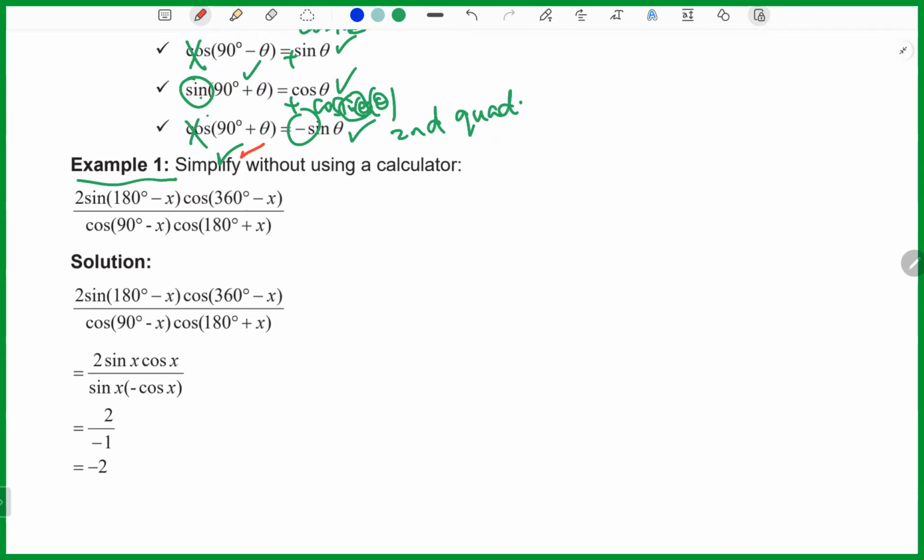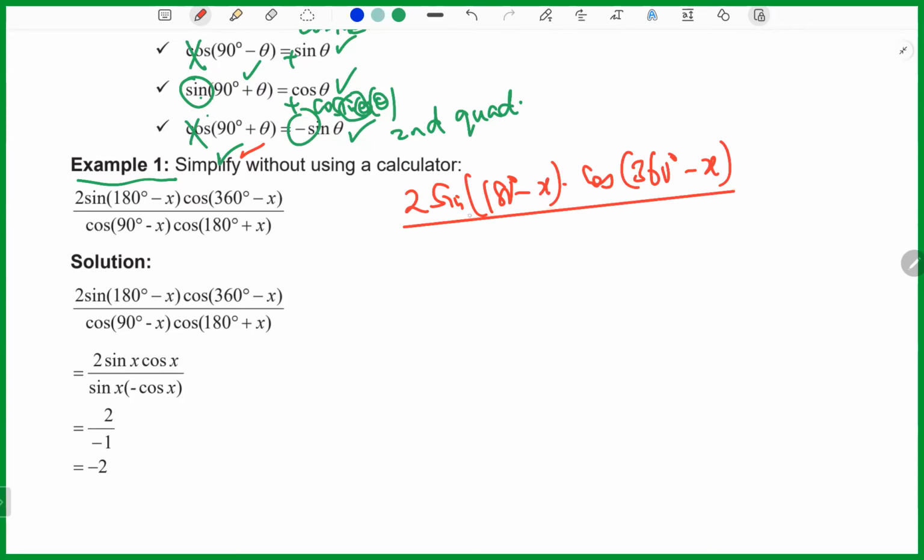If you need to simplify without using a calculator: 2 sine of (180 degrees minus x), cosine of (360 degrees minus x), divided by cosine of (90 degrees minus x), cosine of (180 degrees plus x).